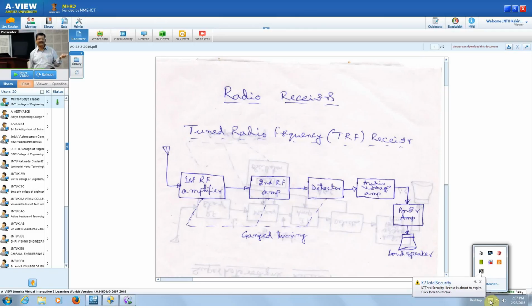This is a fixed frequency, so I can design a tuned circuit to have the required value.